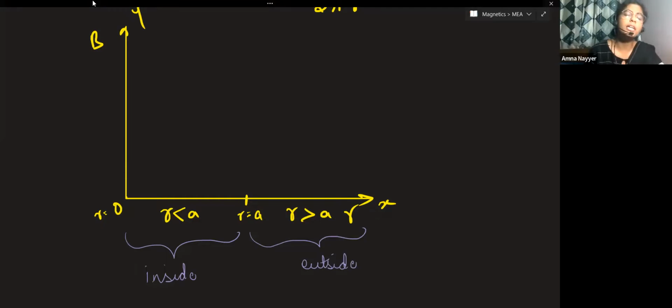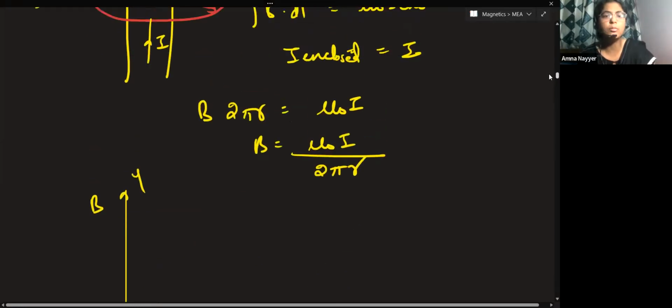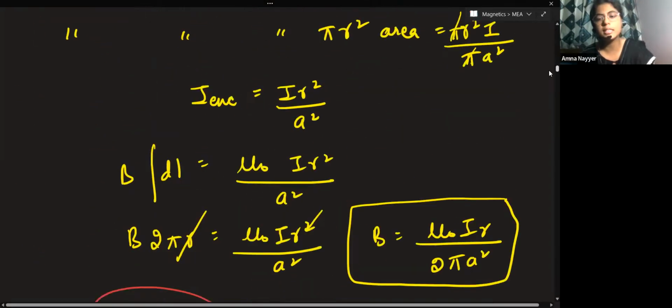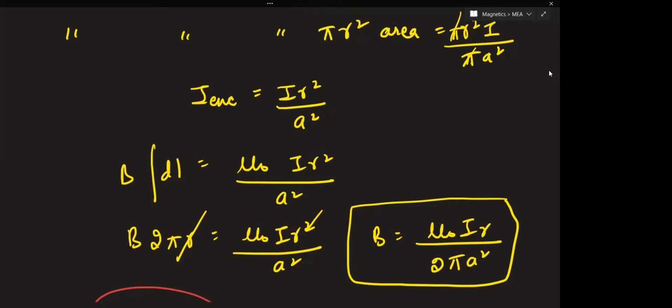Now we have to plot the graph between B and R. In the first case, inside: what's the relation between B and R, the magnetic field and the radius of the Amperian loop? Directly proportional.